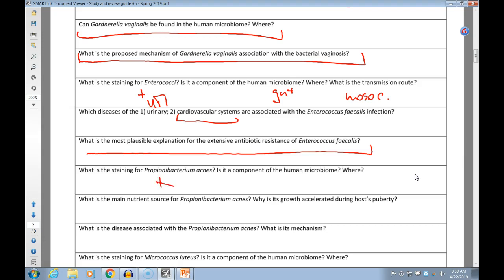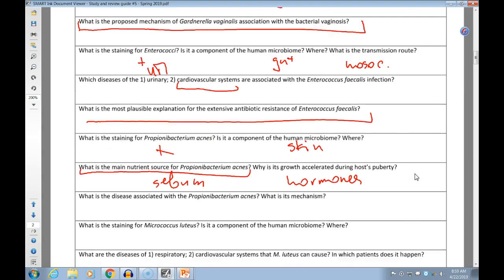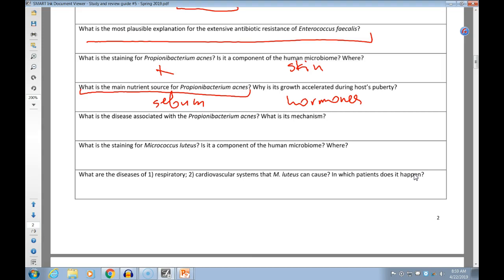Propionibacterium acnes, gram-positive. It's a component of the skin microbiome. Nutrient source: sebum. Growth is accelerated during the host's puberty. Hormones: we produce a lot of sebum when we are in the puberty period. Does that make sense? Oily skin. Acne.